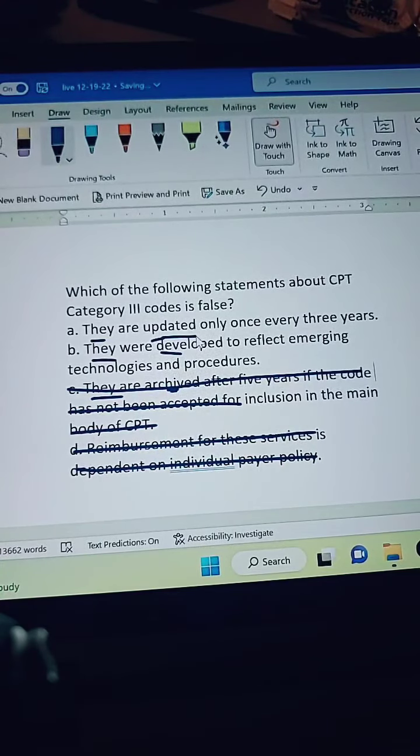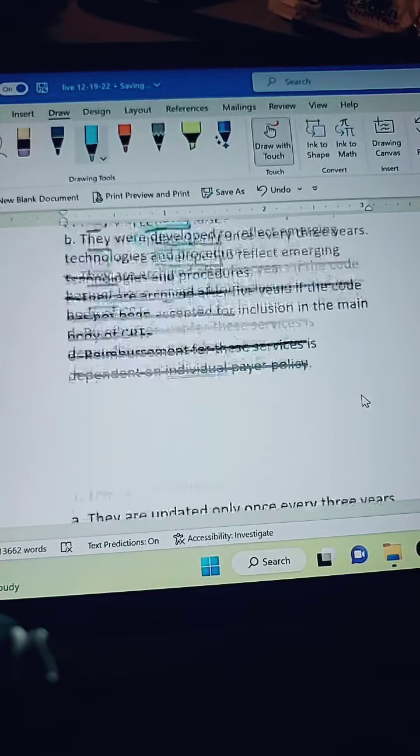Now, knowing the difference between being updated or codes being developed, do we ever, as coders, talk about code development, or do we talk about codes being updated? What is the normal vocabulary term that we as coders use? Think of it that way. They're always updated to us, right? And we have that list in the front of our book when they're updated quarterly, semi-annually, or yearly. So A is the right answer. That's just how I look at this question. I still look for similarities.